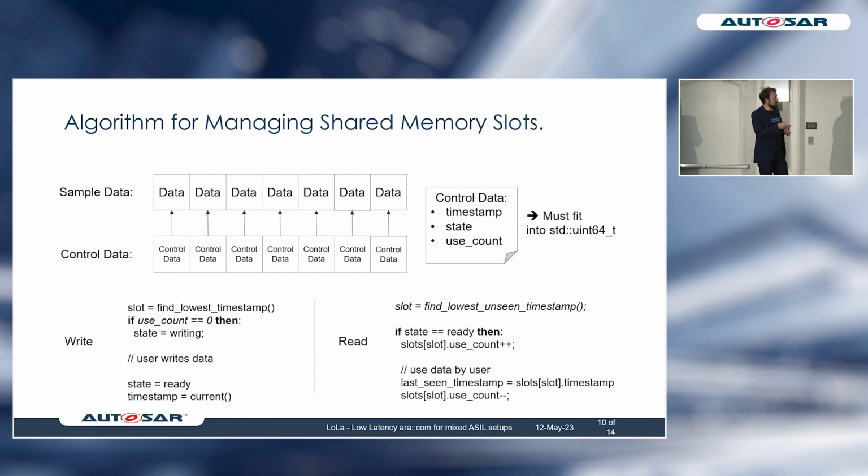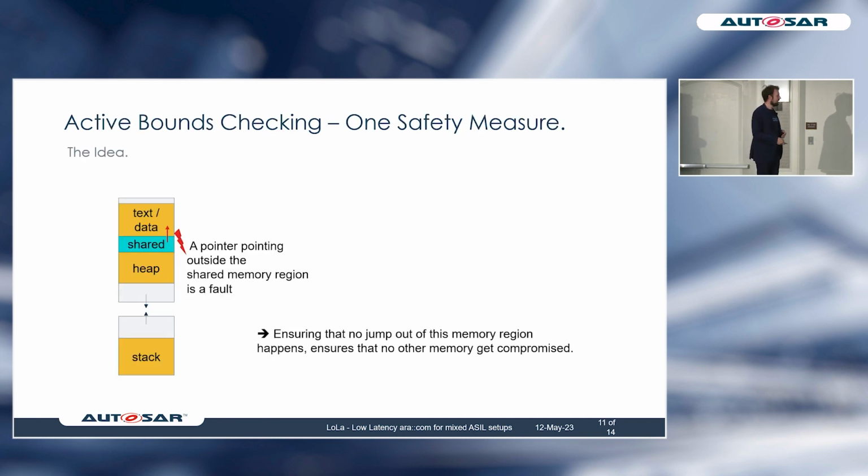And then we need this use count to see by how many consumers this is right now allocated. Because you just have to imagine you have one process and it runs on a cycle of, I don't know, 10 milliseconds, and you have another one which runs on a cycle of 1 hour, right? So this one which takes 1 hour would occupy a slot for 1 hour, and that would be totally fine. So you cannot synchronize this up.